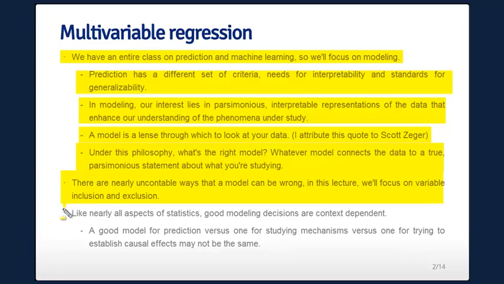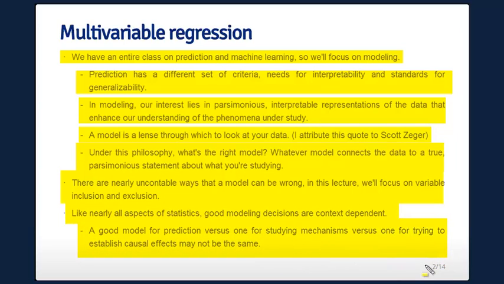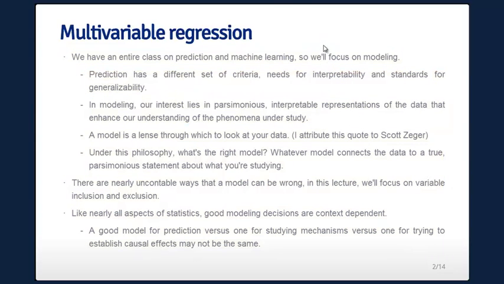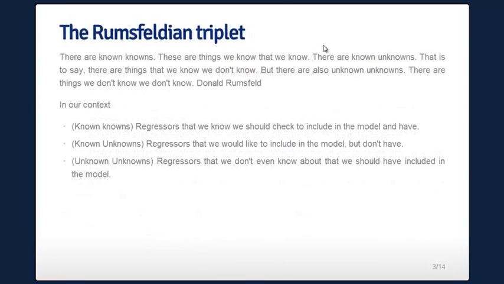And something that comes up a lot in this class: good modeling decisions are context dependent. Just as an example, a good model for prediction versus one for studying mechanisms to establish causal effects aren't the same thing. If you want predictions, you may be able to tolerate a lot more variables in your model than if you want to create small parsimonious causal effects.